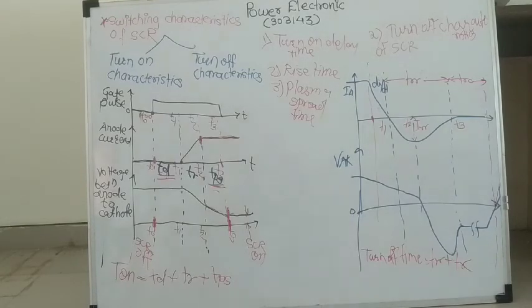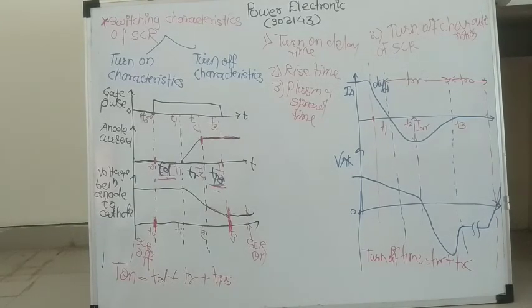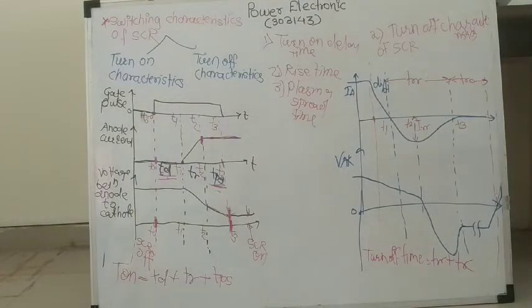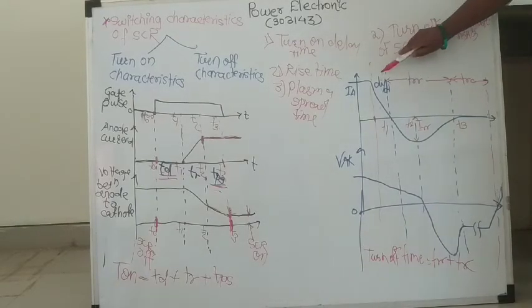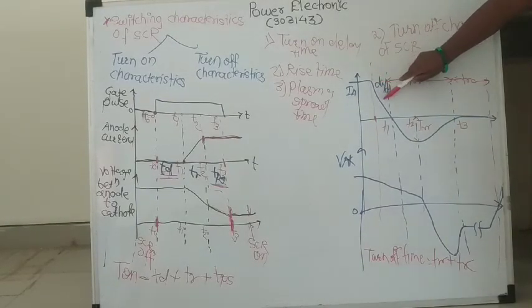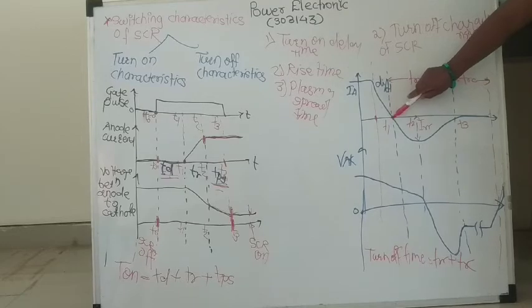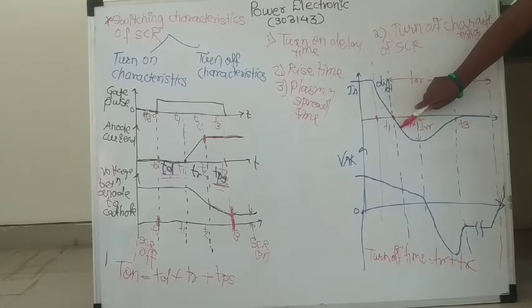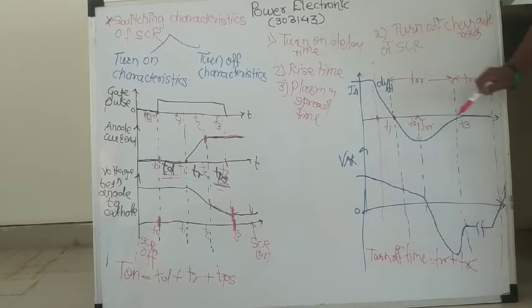Now the reverse recovery time, what happens? Check once again. In this reverse recovery time, your anode current goes on decreasing, and after crossing 0 it also goes to the negative side. Why?